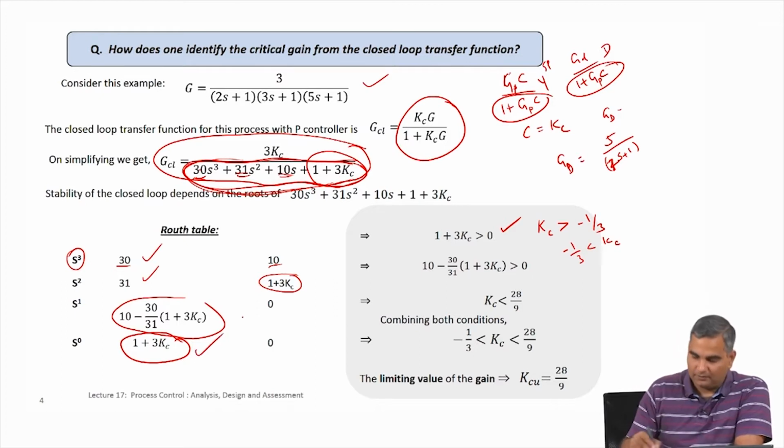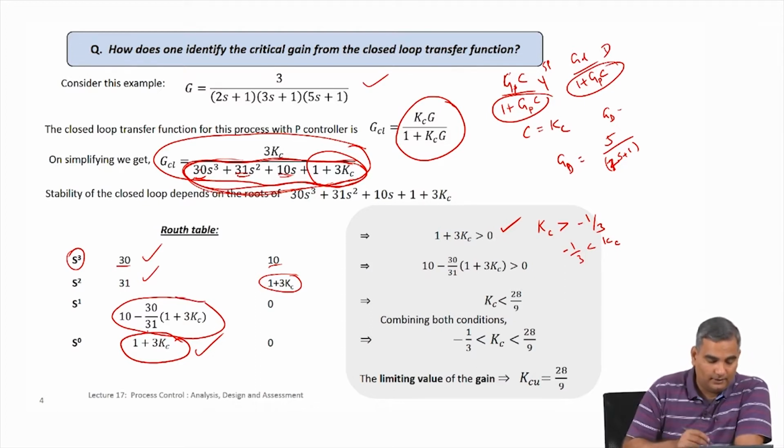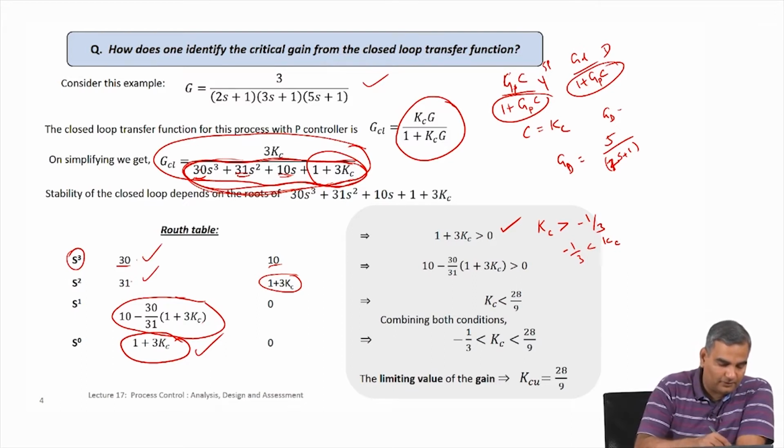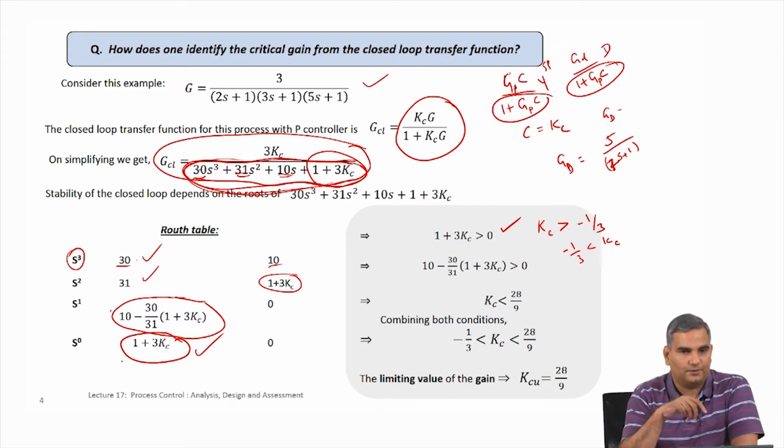This is also a positive number under that condition, so it only leaves this last term. If this term is positive, there are no sign changes. However, if it is negative, there will be one sign change, then another, so two sign changes, and then there will be two poles or roots in the RHP. That is the key idea here.